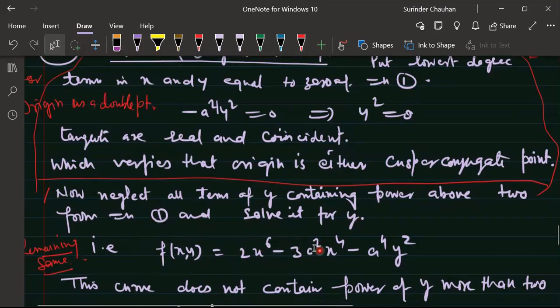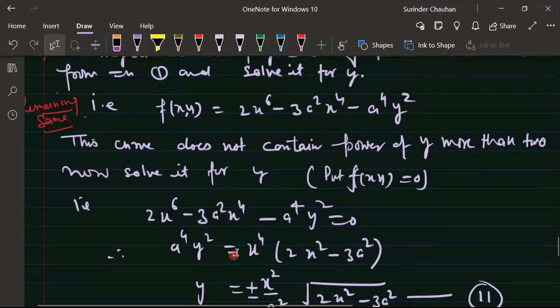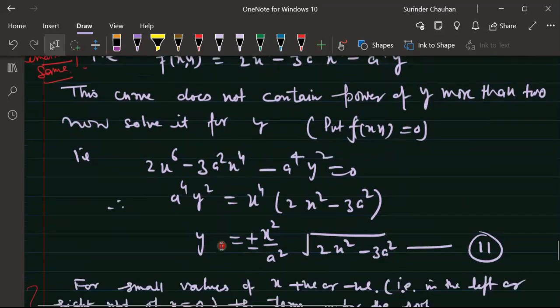This curve does not contain power of y more than 2. Therefore, straightaway solve it for y. Put f equal to 0 and solve it for y. After solving for y, we got this type of function, y as a function of x.